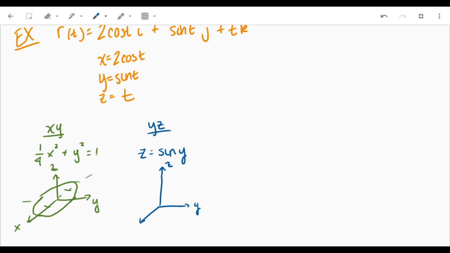I'm trying to, because I'm thinking of the graph of y equals sine x, which looks like this. Okay, so I want z. This would be z and y would look like this. So I'm thinking about my positive z and my positive y. For some reason, my brain is not functioning. That doesn't make any sense. I'm going to come back to that one.